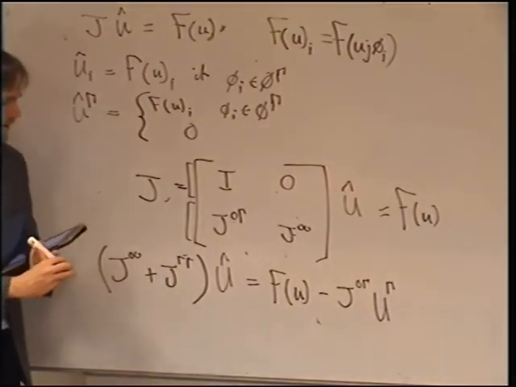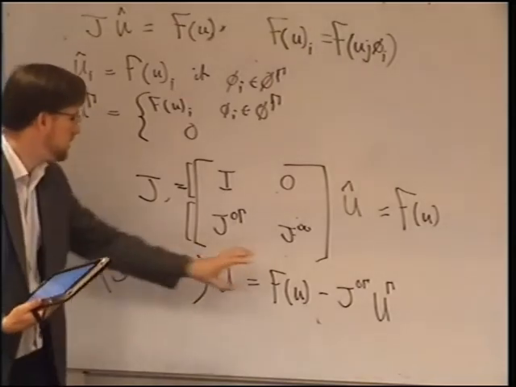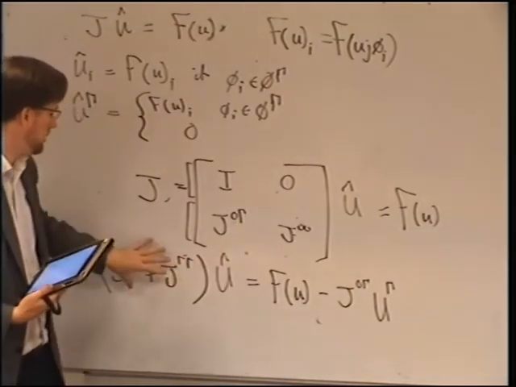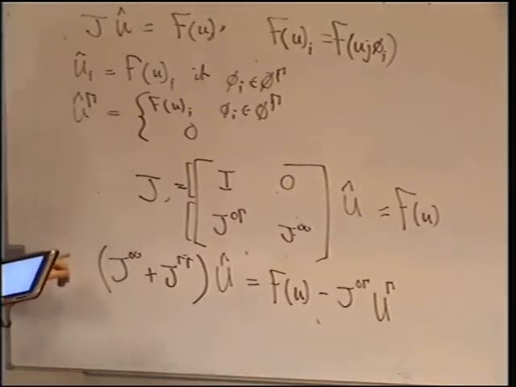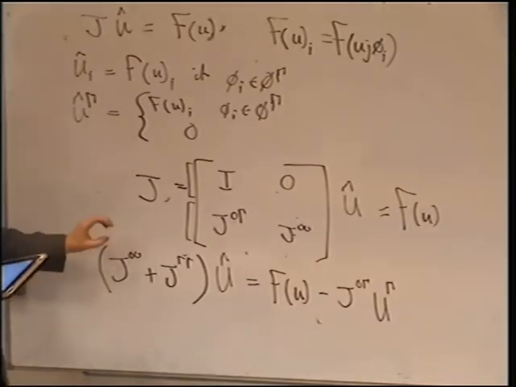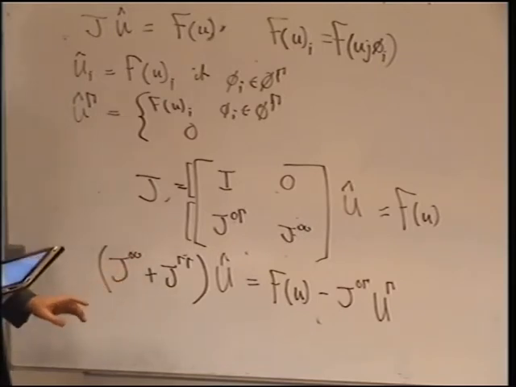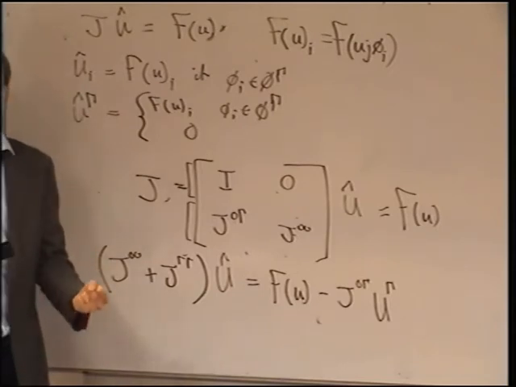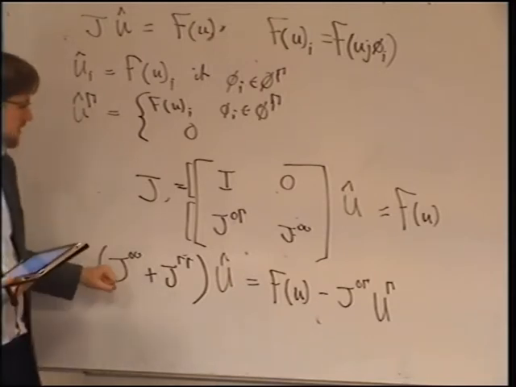This is actually a really nice way of writing this problem, because we can see some important things about this equation, in particular about this matrix. One of the important things about this matrix is it has 0 off-diagonal blocks. That means that any important symmetry properties that the unconstrained J had originally, I've kept.